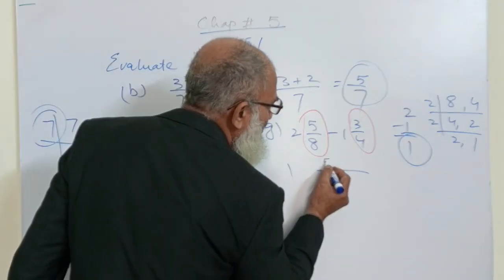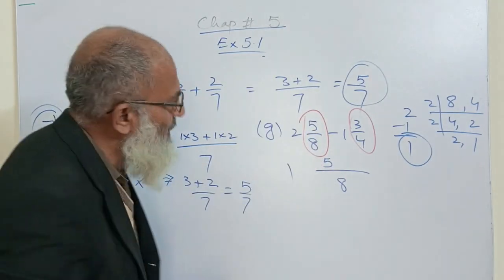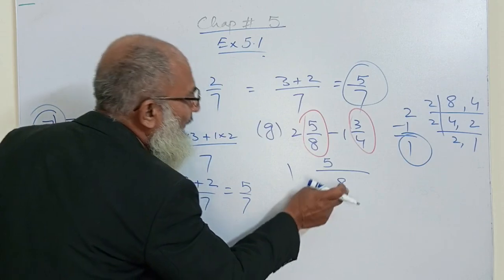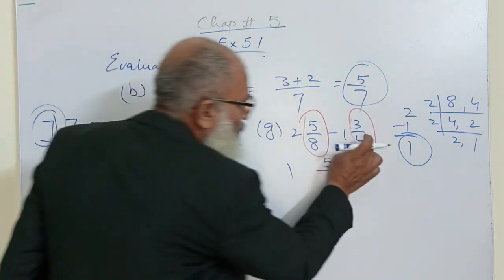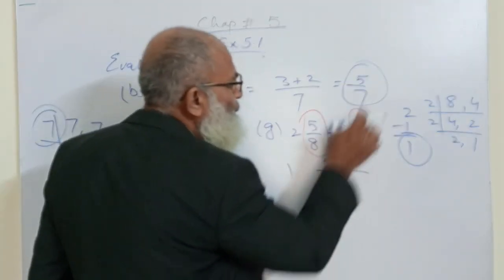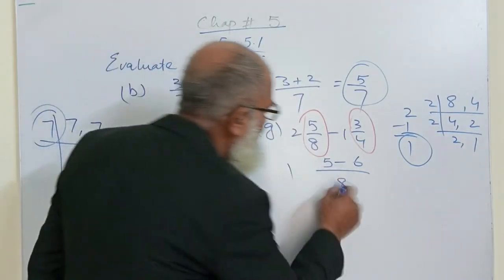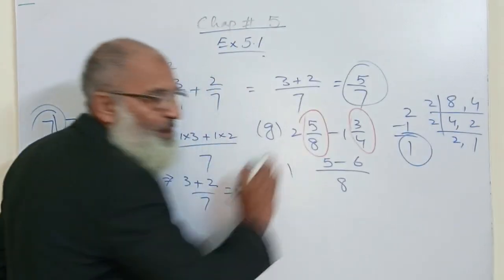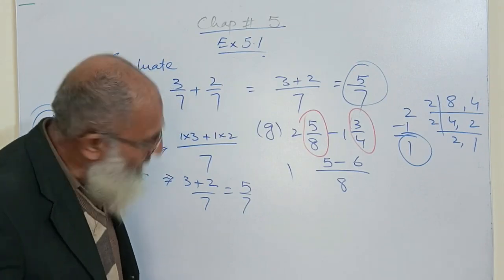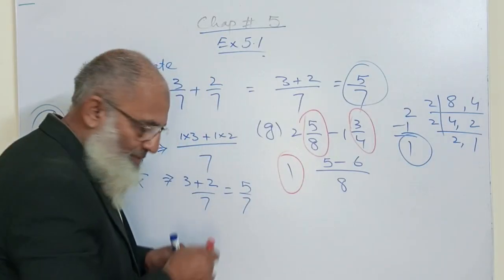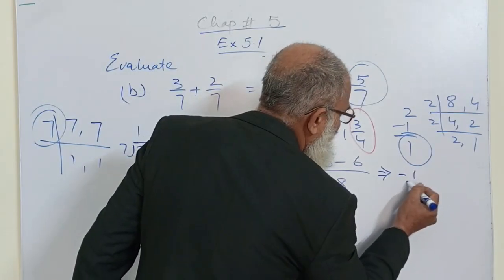Now this denominator will remain the same. 8 1 times 8, 1 times 5 is 5, minus 4 2 times 8, 2 times 3 is 6. Now what is the answer? We have left the whole number separately. Mind it, this has been left separate. Now what is the result over here? Minus 1 upon 8.